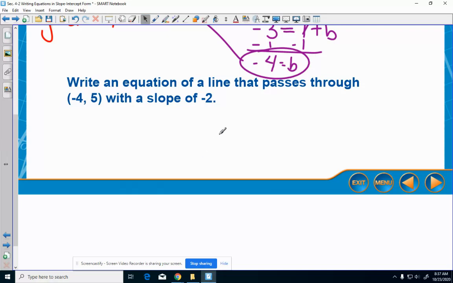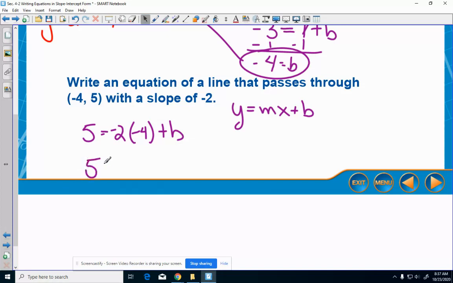Right, we are substituting into the equation y equals mx plus b. Fill in all the things that you know. Hunter, what's up? Okay, so y is a 5, m is a -2, x is a -4, and we're going to try to figure out what b is.